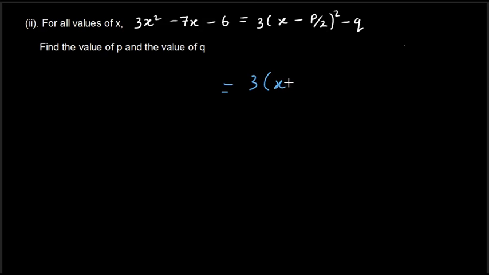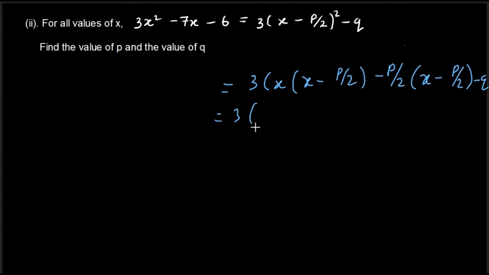So first let's remove the brackets by expanding. So now it's 3 bracket x minus p over 2 all squared minus q, and it becomes x squared minus p over 2x minus p over 2x plus p squared over 4 in bracket minus q.